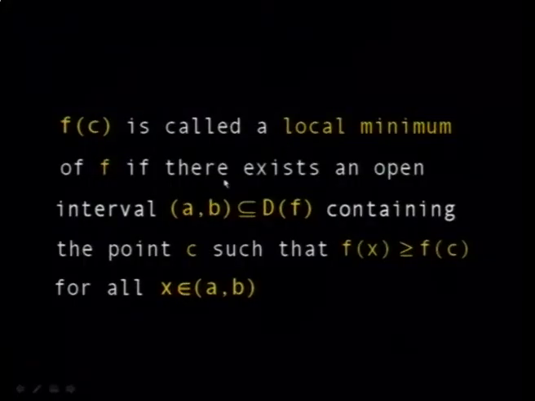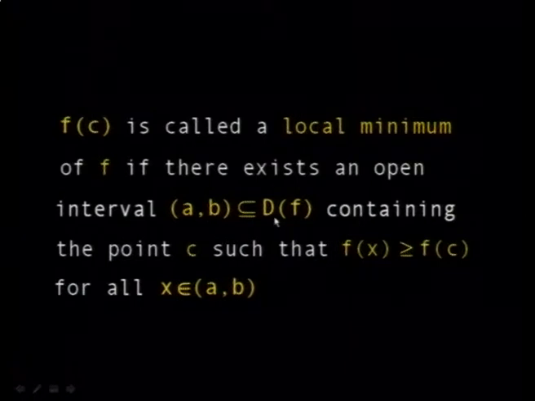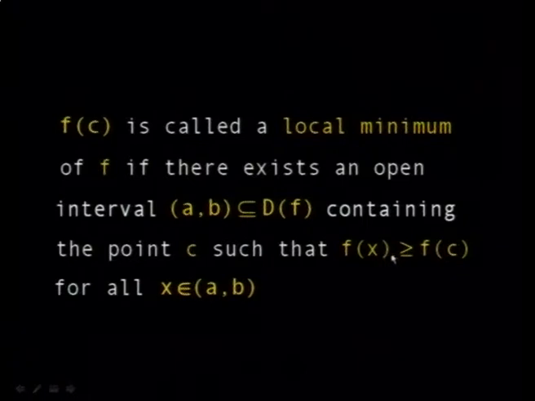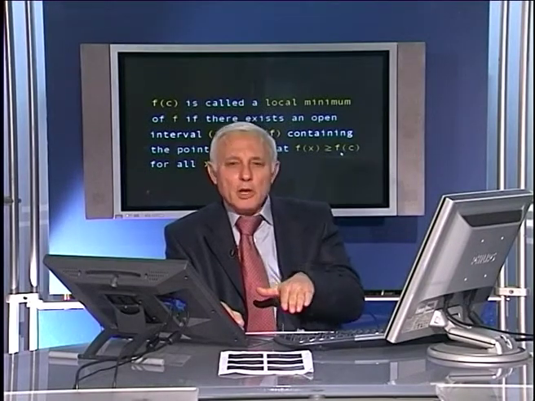And the same thing, f of c is called a local minimum if there exists an open interval, again a subset of the domain of f, containing the same point or another point c, such that f of x is greater than or equal to f of c. In other words, f of c is the lowest value attained at this particular point relative to the ones in the same neighborhood.